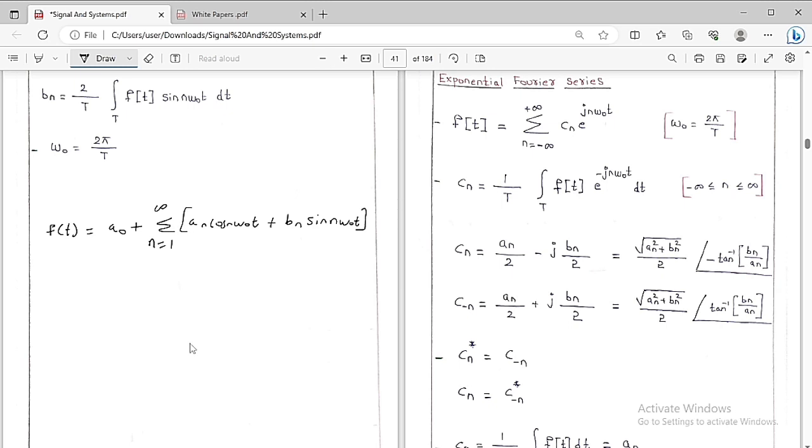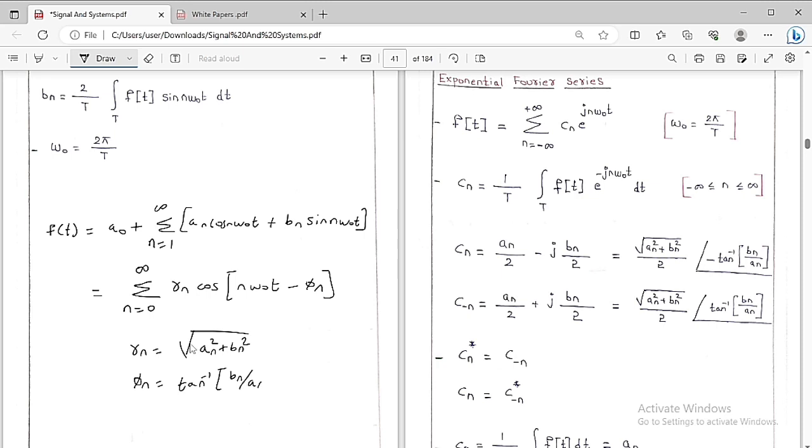This I have done in a simplified fashion: sigma n=0 to infinity Rn cos(n omega0 t - phi n), where Rn = square root of (an squared + bn squared), and phi n = tan inverse of (bn by an). And you have to remember R0 = a0, and phi0 = 0 degree. These things you always have to keep in mind.